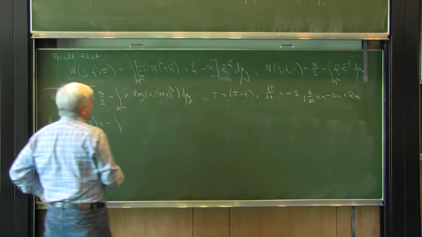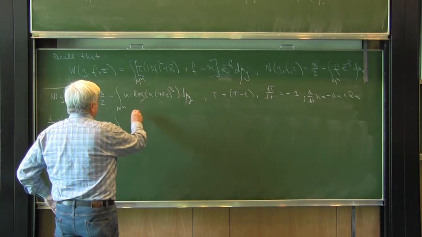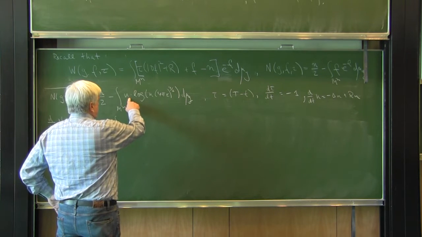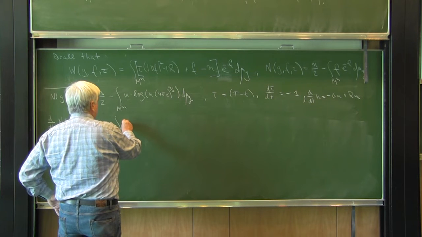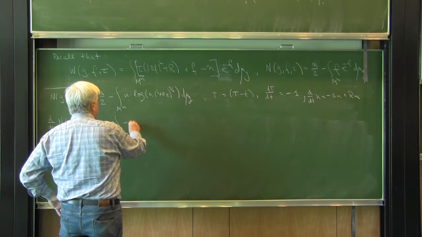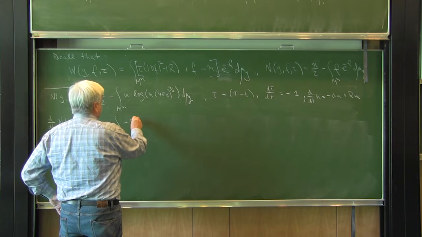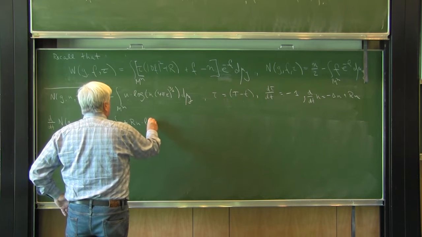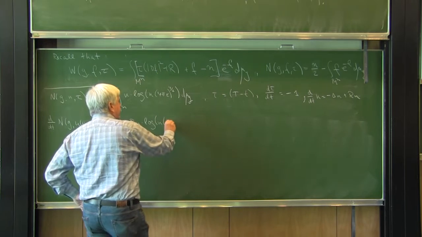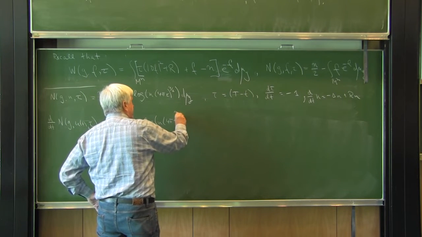minus the integral, from u we get minus plus ru times log u times (4 pi tau) to the n over 2.